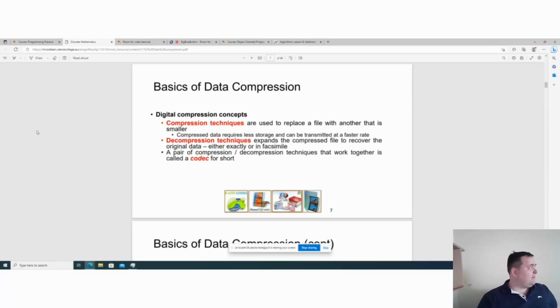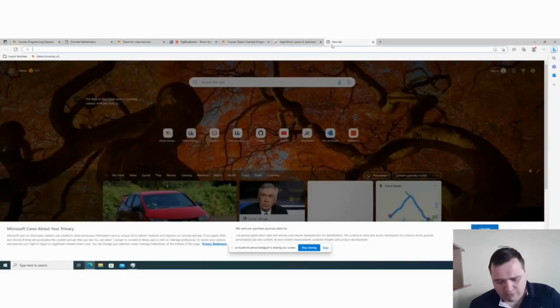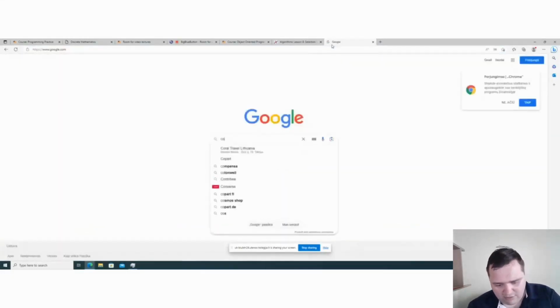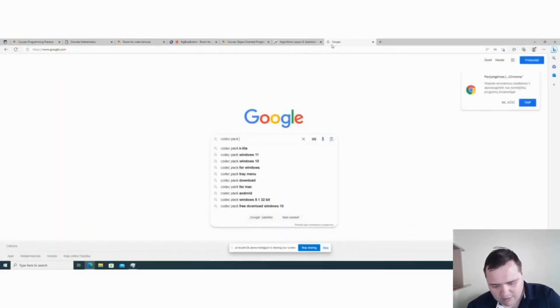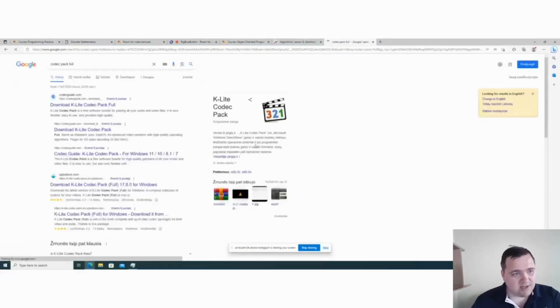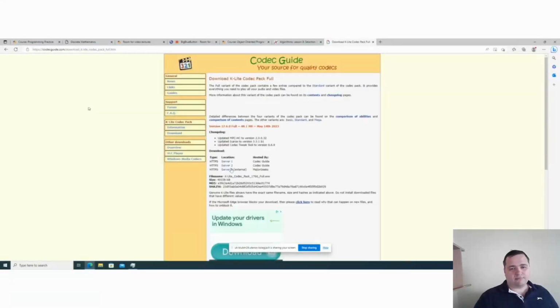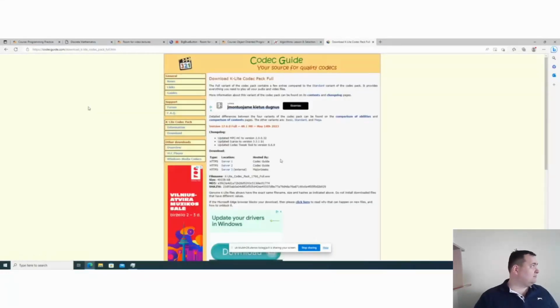Most likely, when you install a new operating system on your computer, you're looking for codec packs, right? You go to Google, search for a codec pack, and you find K-Lite, right? Mostly. And then you're struggling with configuration after installation, right?